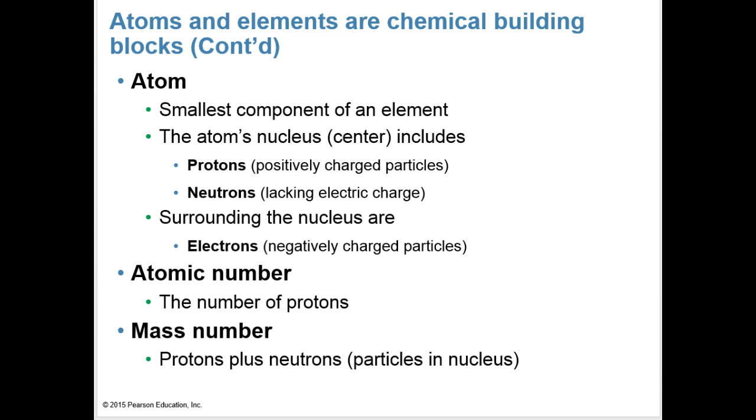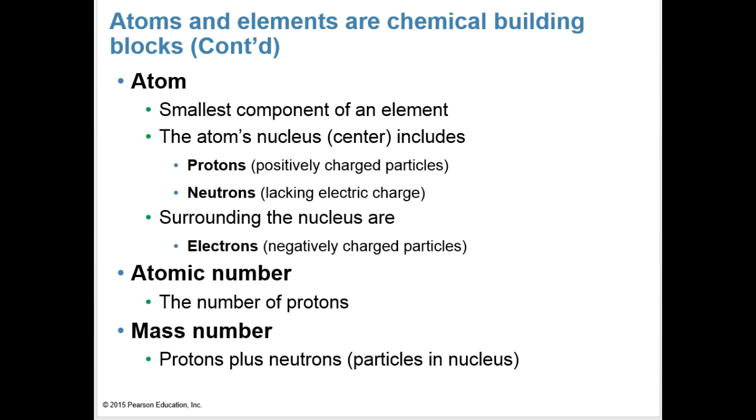An atom is the smallest component of an element that would still have the properties of that element. In an atom's center, there's a nucleus, which includes protons, which are positively charged particles, and neutrons that are neutral.